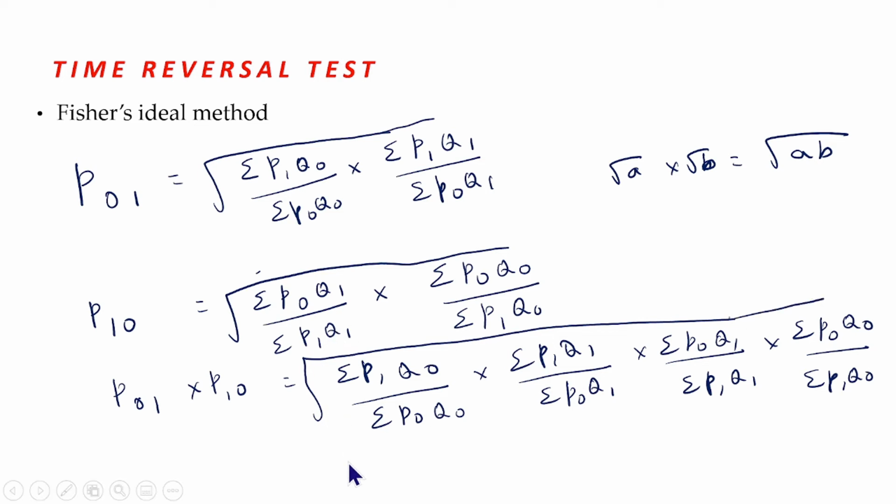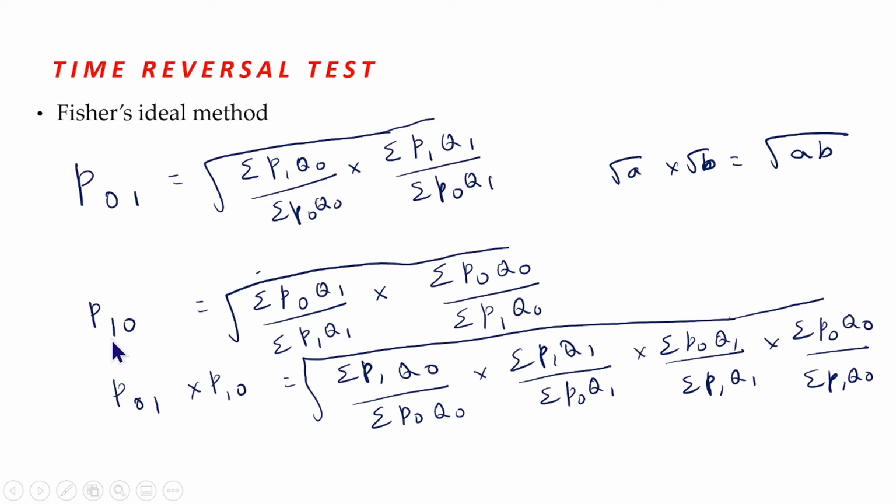That is, here P01 into P10 is nothing but under root of the product of these expressions. So it is root of summation P1 Q0 by summation P0 Q0 into summation P1 Q1 by summation P0 Q1. This is what is written here.